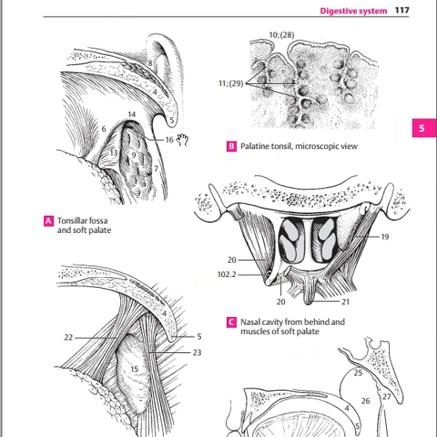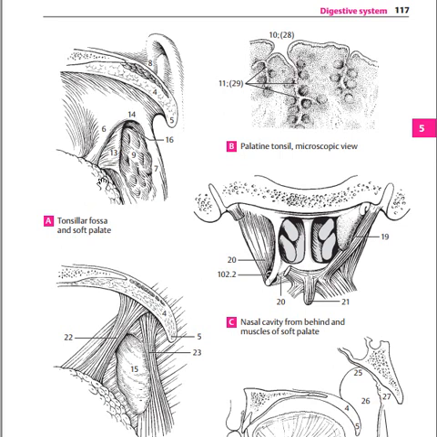Now we have number 16 here, which is going to be called the supratonsillar fossa. Number 9 is the palatine tonsils. Between the palatoglossal arc and the palatopharyngeal arc, there is a tonsil called the palatine tonsil.